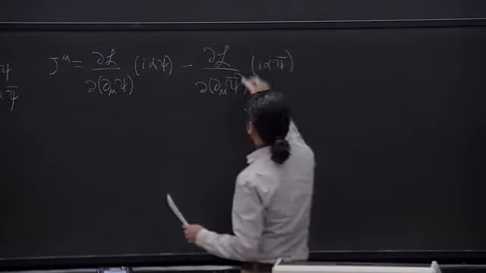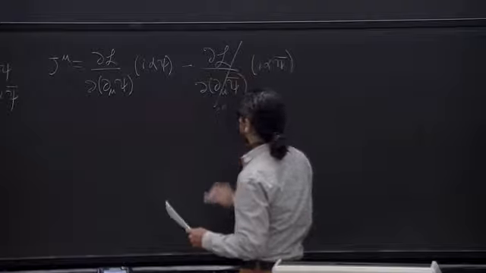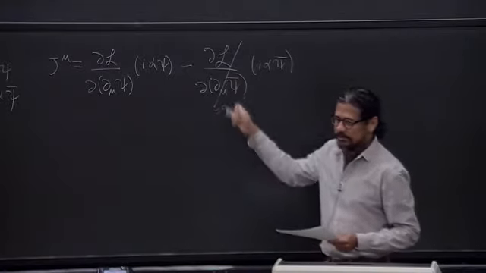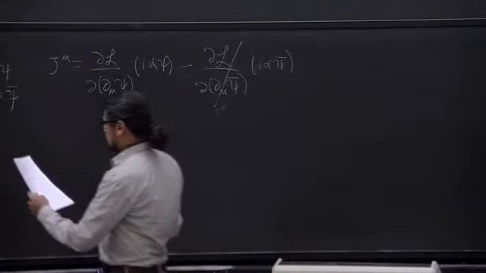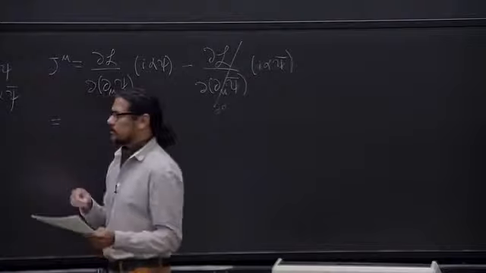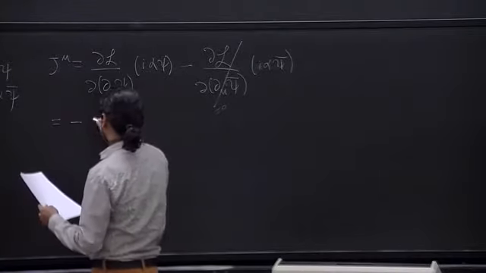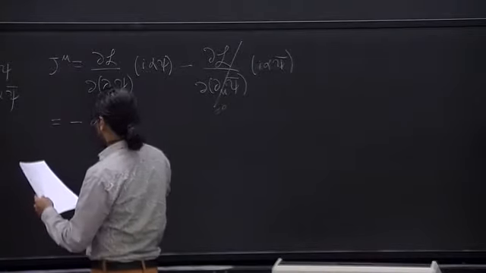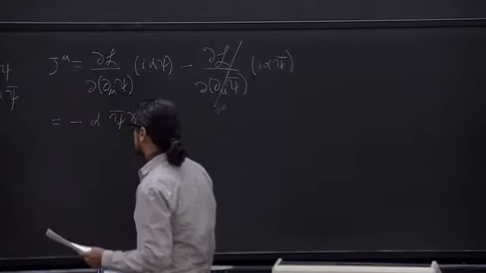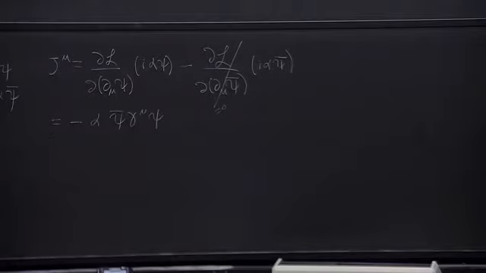But it turns out that this is 0 because the Dirac Lagrangian doesn't have a derivative of psi bar. And so this becomes a minus sign, psi bar gamma mu psi, and there's some arbitrary constant, so this is the result.